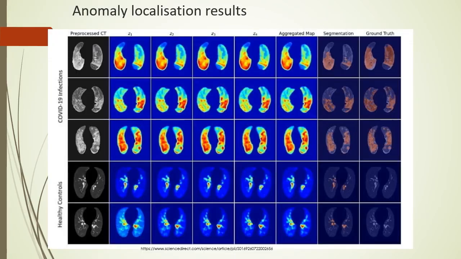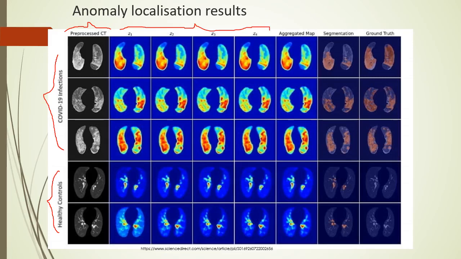This slide shows the anomaly localization results. We have in total 3 COVID-19 infections, and we choose 2 healthy controls. And remember, the model is trained only on the healthy controls. Here you can see the first column is a pre-processed CT image. And we have from Z1 to Z4 the element-wise post hoc attention maps.